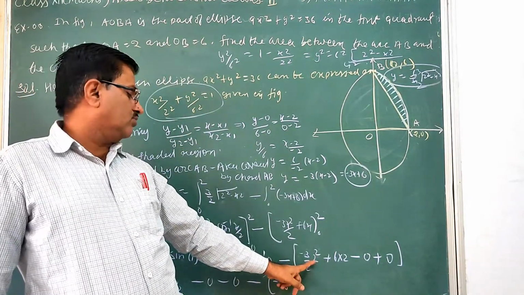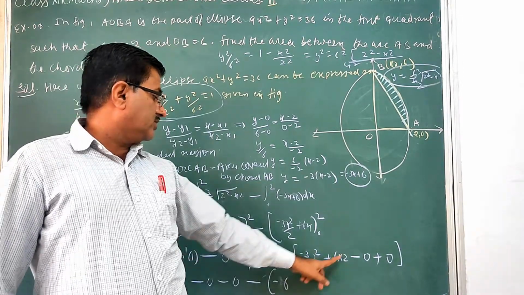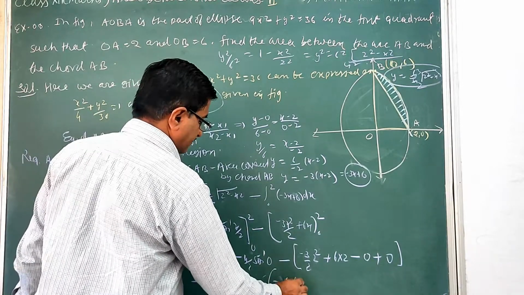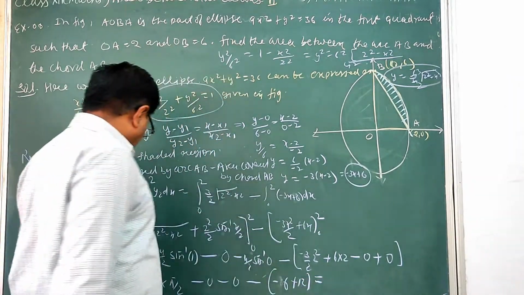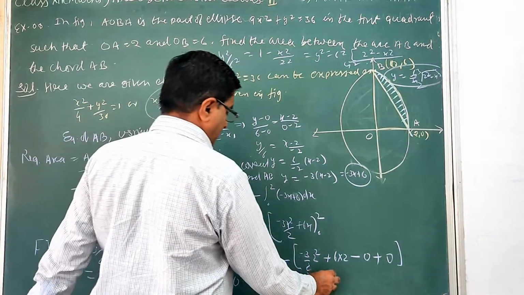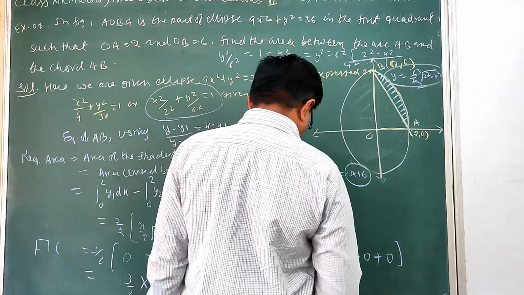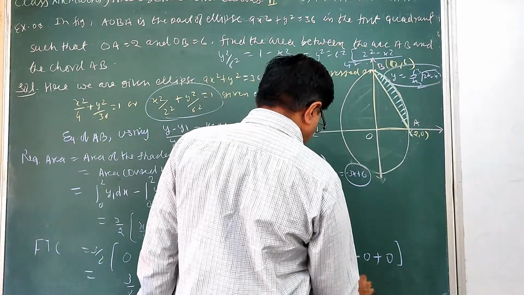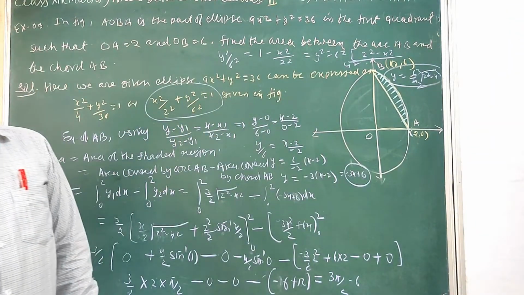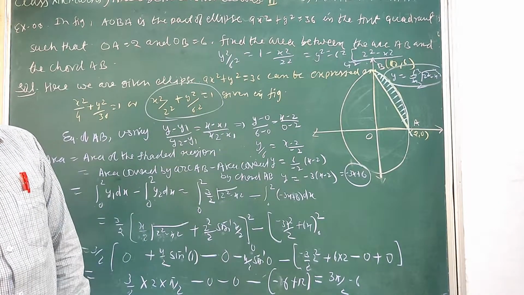Right? Here we have 2 square, 1 2 cancel, 2 into minus 6. This is 12. So what we get is 2 cancel, 3 pi by 2. Minus minus plus 6, that is minus 6. So finally we get 3 pi by 2 minus 6.